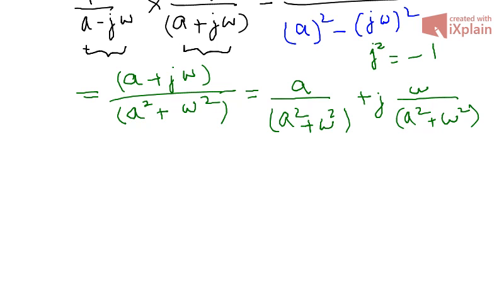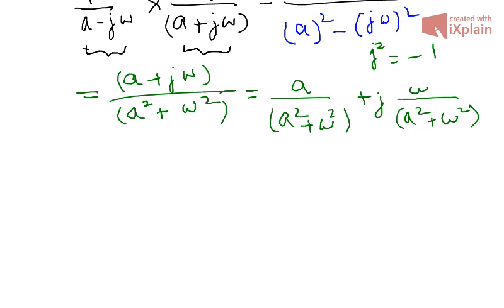It's in a simplified form, like z is equal to a plus jb. So let me write the other one in the same form as well.